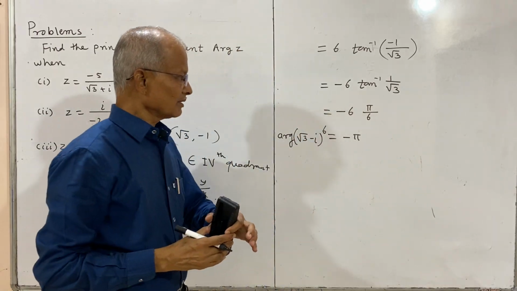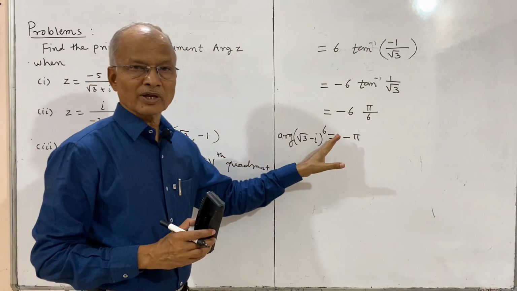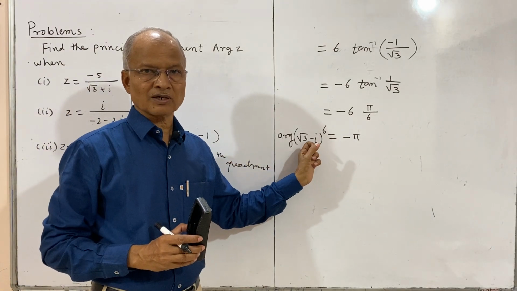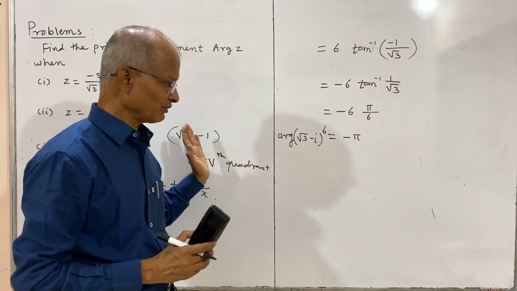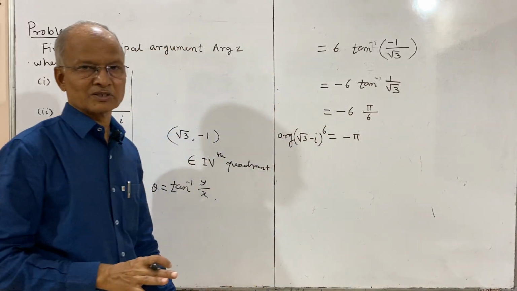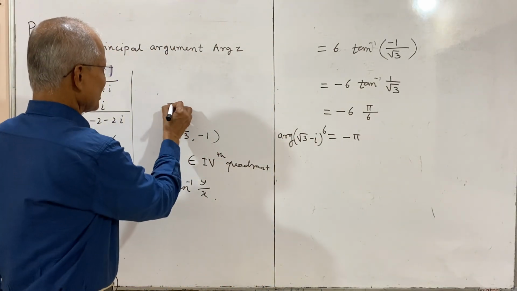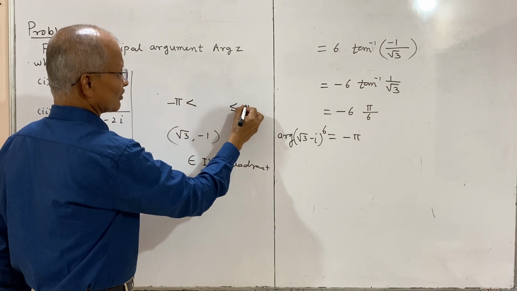But we are asked to find the principal argument. To get the principal argument from this argument, we may add an integer multiple of 2 pi to get the range between minus pi and plus pi. Minus pi is not to be taken as the principal argument. The principal argument lies strictly greater than minus pi and less than or equal to pi.